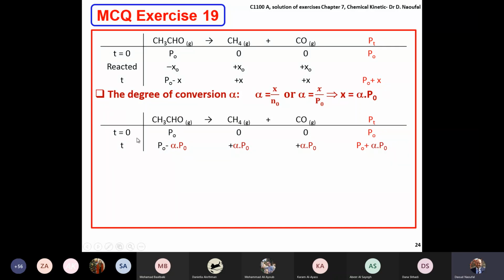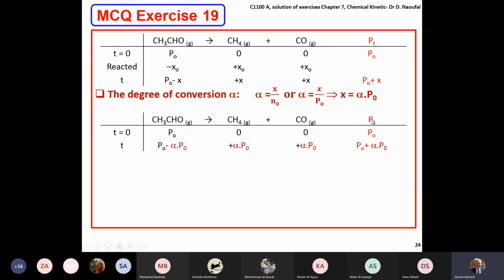So this is the table of conversion at T equals 0: P0, 0, 0. At time T, according to the degree of conversion alpha, we can put P0 minus alpha P0, alpha P0, alpha P0.